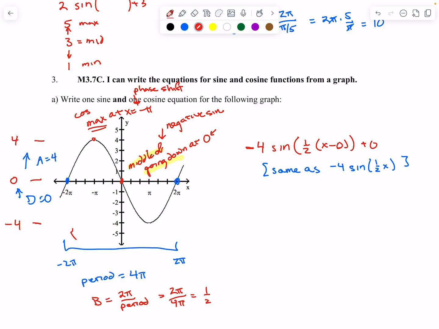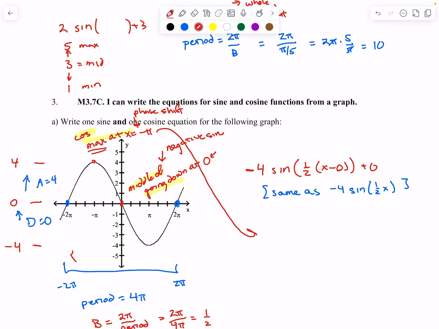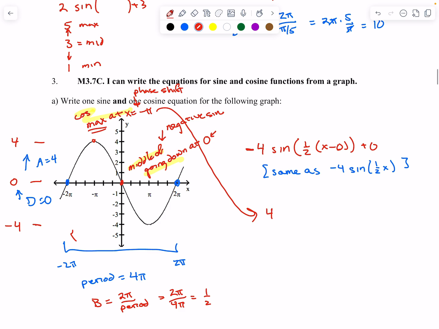For the cosine curve, you start with the max. So let's just do that. So max is a positive cosine. Amplitude is the same. Oops, sorry. B is the same. The phase shift is at negative pi, so x minus negative pi is x plus pi.